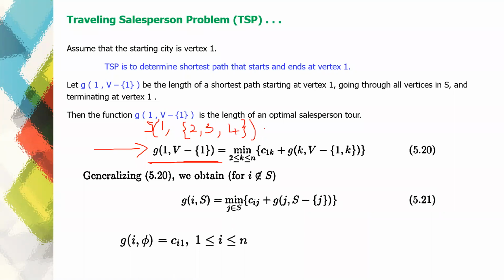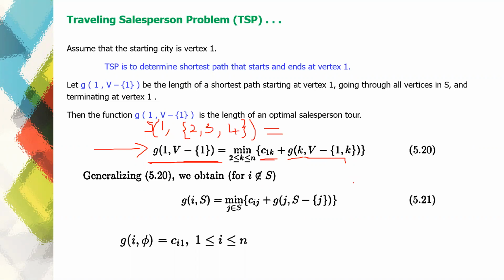This can be calculated as C1k plus G of k with V minus 1k. So this is nothing but a recursive formula, which will be called repeatedly, again and again, on the remaining nodes.